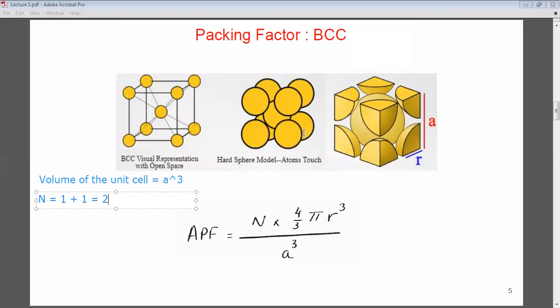The same thing if I look at the side layers and the bottom layer, on all 6 faces. The atoms do not touch each other. When are they touching each other? The atoms are touching each other here.